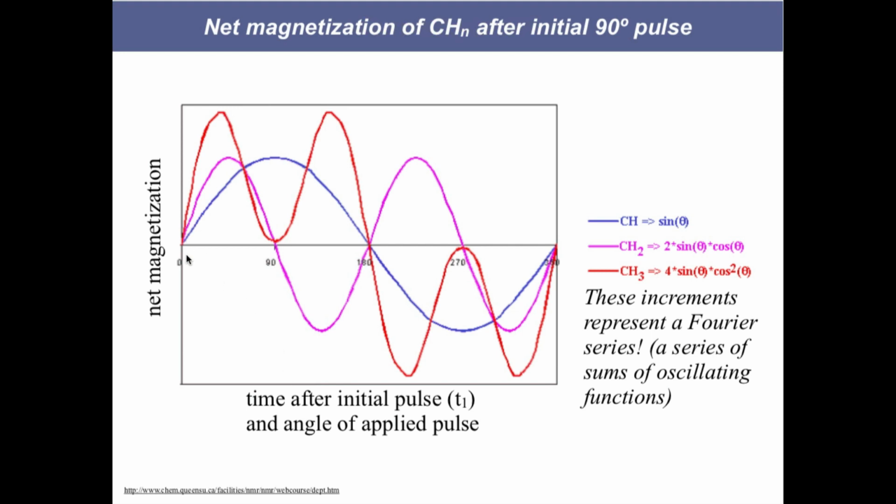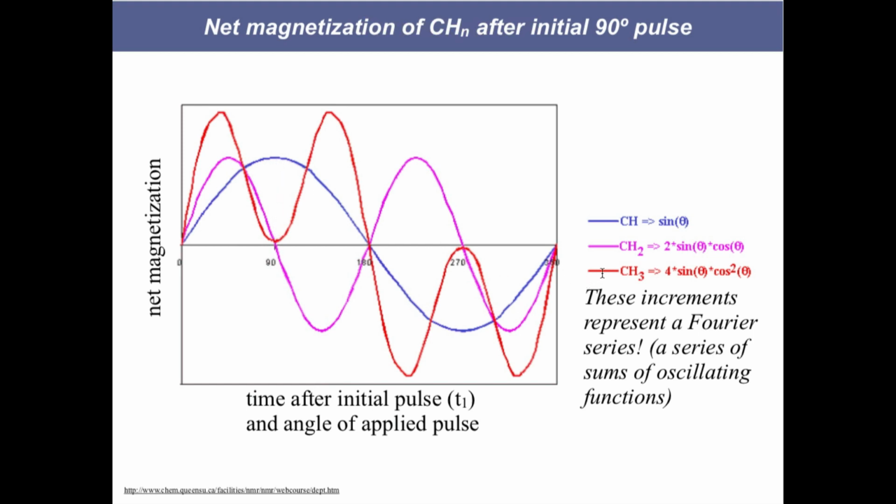For example, after some period of time from here to here, the maximum magnetization for CH partners is at 90 degrees. They are magnetized 90 degrees from the axis of the external magnetic field.